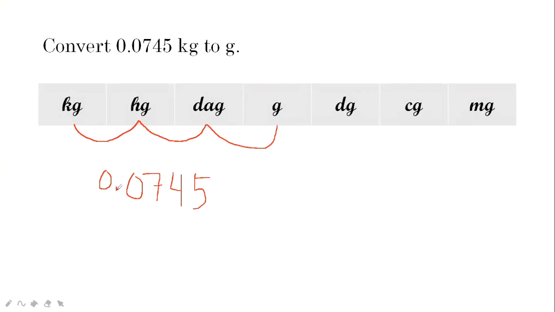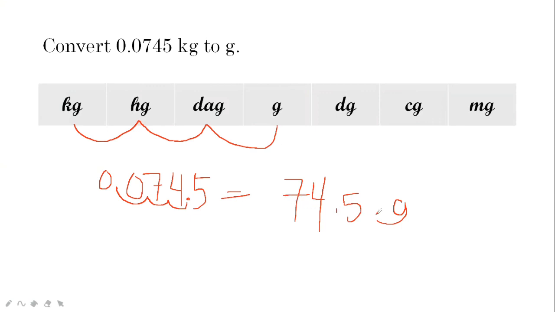This is our decimal point. We need to move it three times to the right: 1, 2, 3. So the point is now here. Therefore, the answer is 74.5 gram. So, 0.0745 kilogram is equivalent to 74.5 gram.